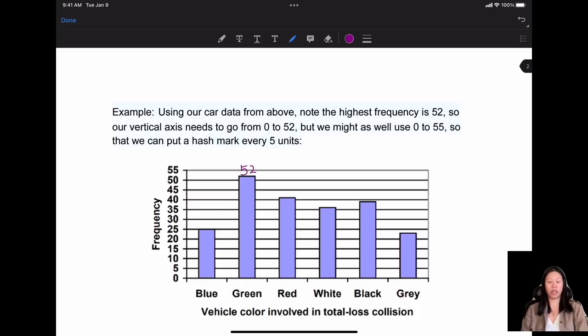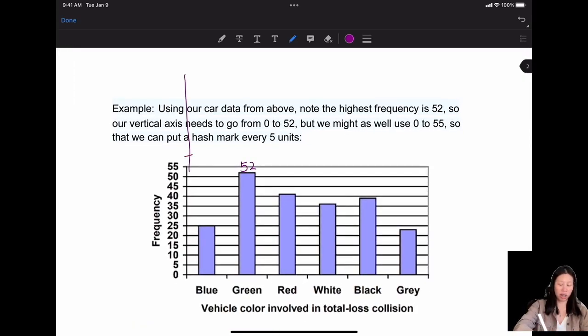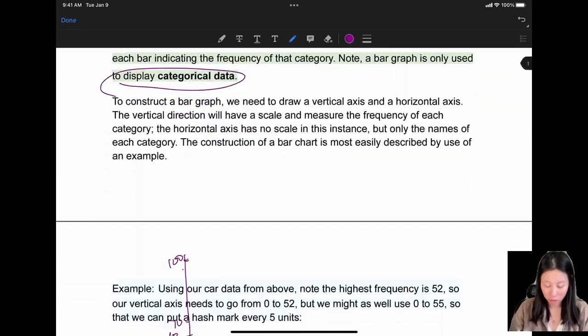Of course you can go as far as 0 to 100. You can go as high as 60, 70, even 100. But you need to take into account that your highest frequency is 52, and the lowest one is 25.